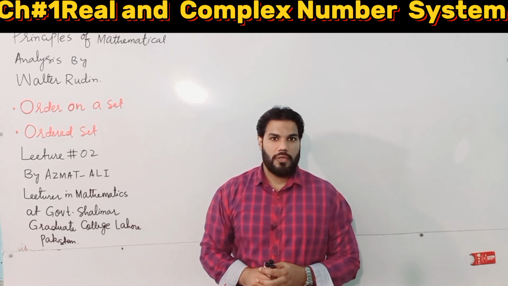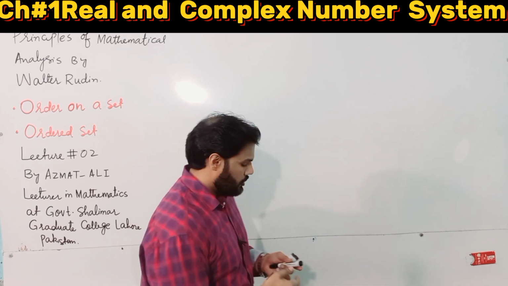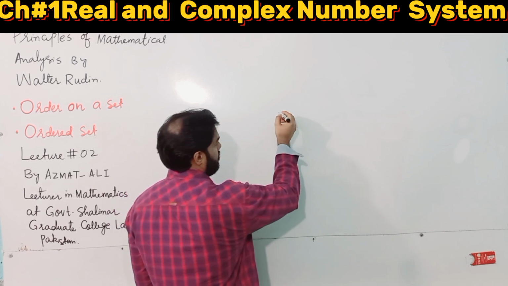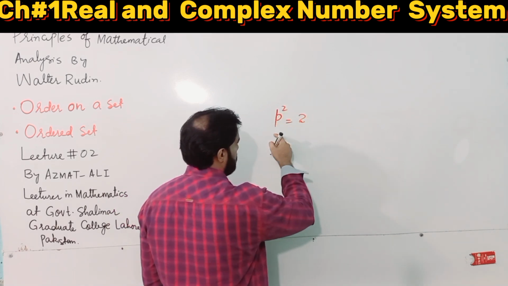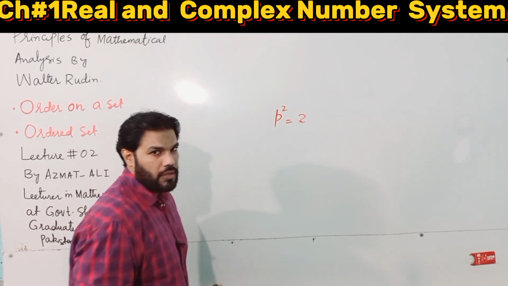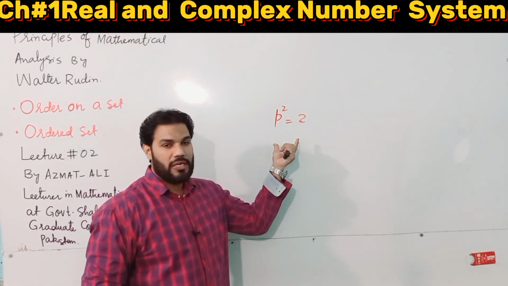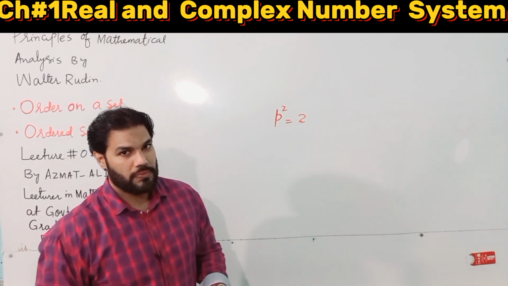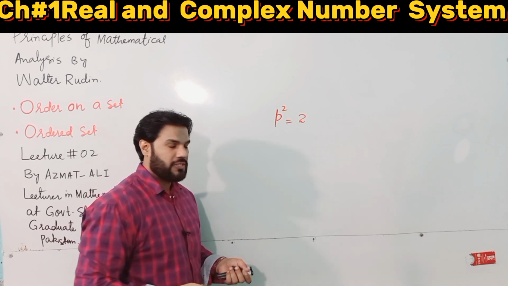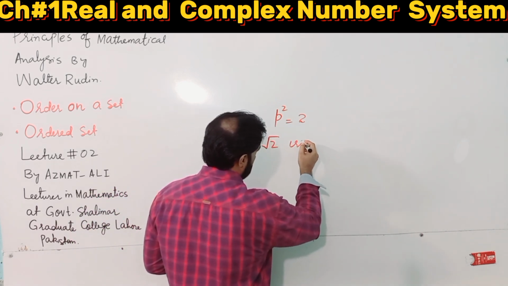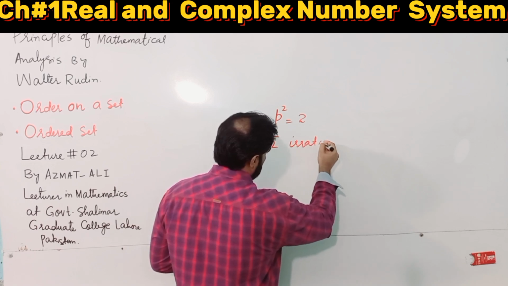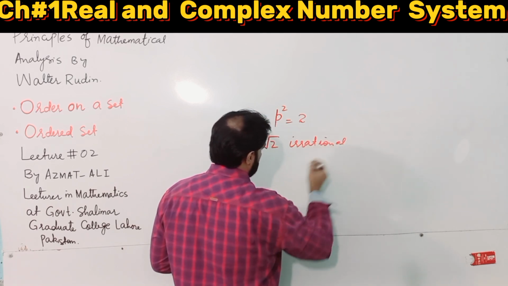Example 1.1 is: show that there is no rational p that satisfies the equation p squared equals 2. Its equivalent form, or another way to write this equation, is: show that square root 2 is an irrational number.